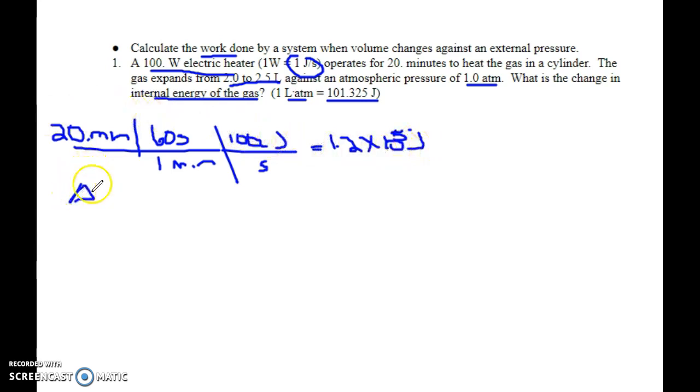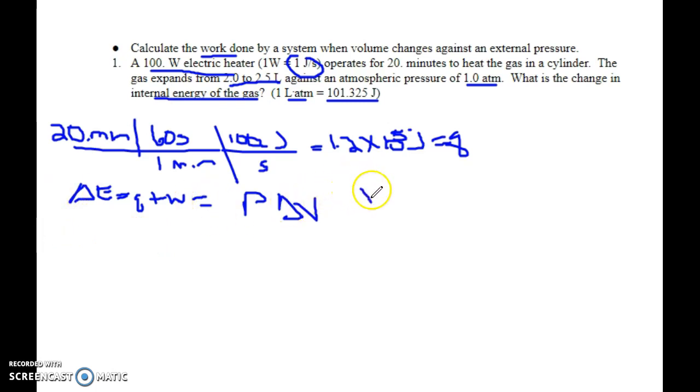And then I have that delta E equation from the first page of thermodynamics equals Q plus W. So this is my Q factor. And that's my heat. And then work is equal to pressure times change in volume. So I'm going to work on that.